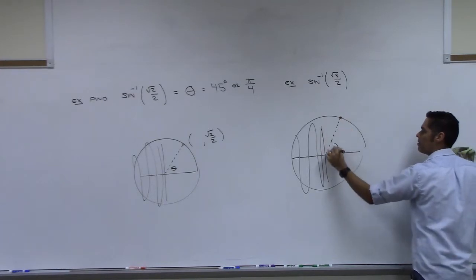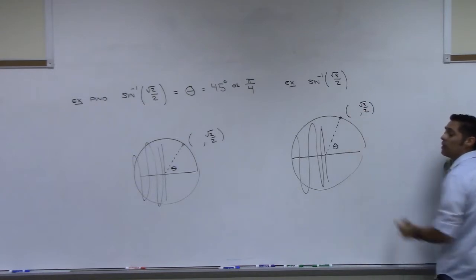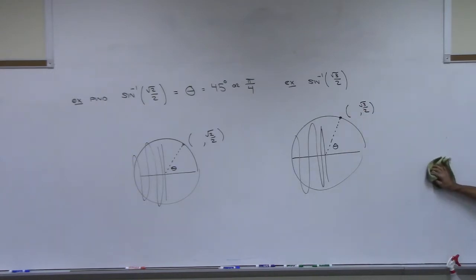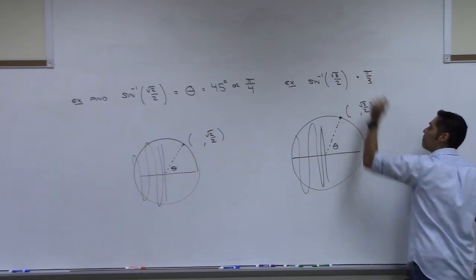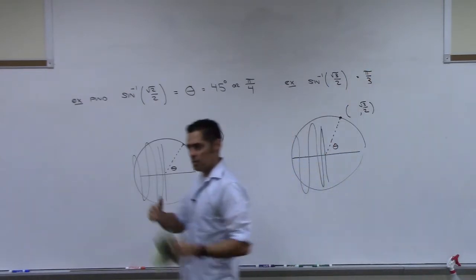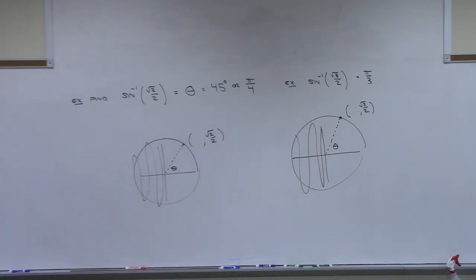Right there, that's our theta. That's one of our common angles, it's pi over 3, or 60 degrees. And is pi over 3 between negative pi over 2 and pi over 2? Yes. Is this pretty straightforward? This is not supposed to be complicated yet.